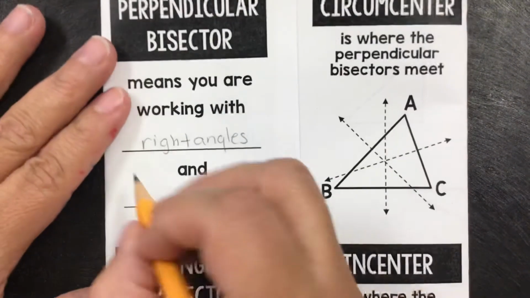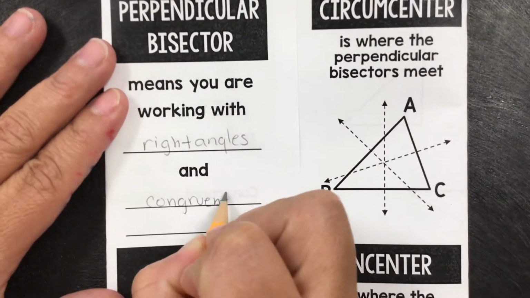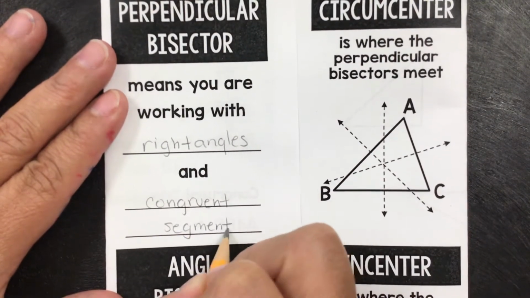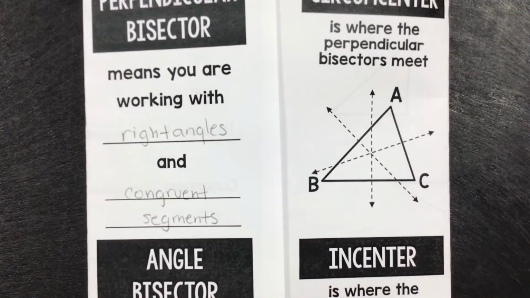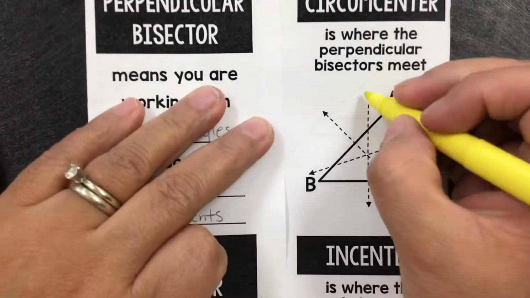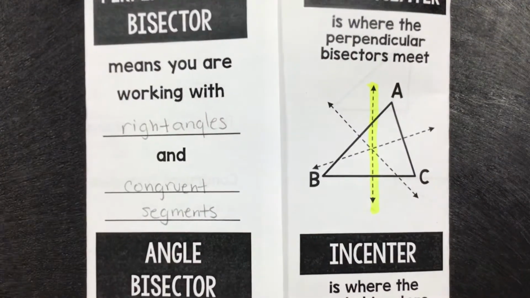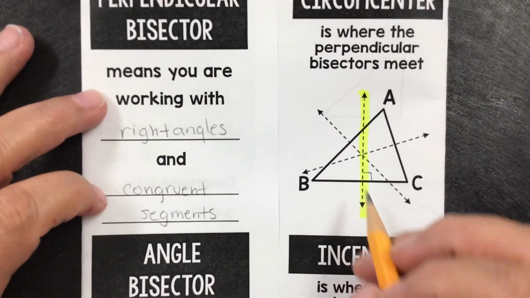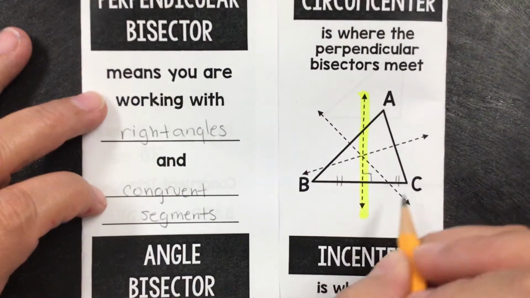And congruent segments, or congruent sides, because once we make a perpendicular bisector, let me highlight just one of them. We made it at 90 degrees, making it perpendicular, and that means that this segment will be equal to this segment.